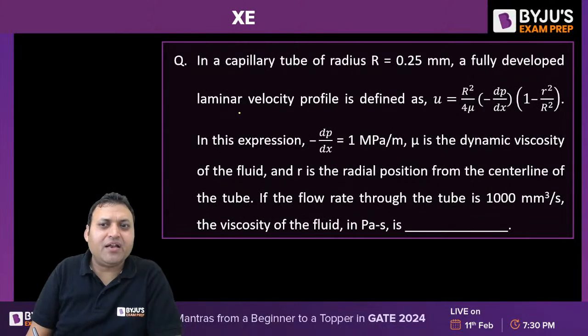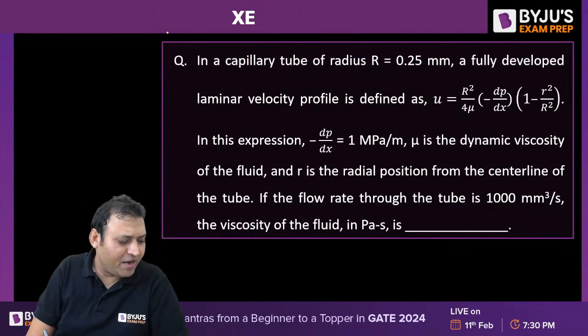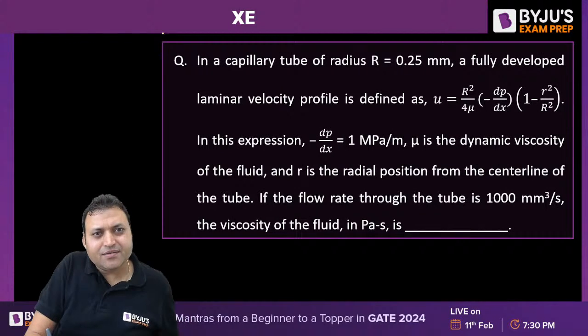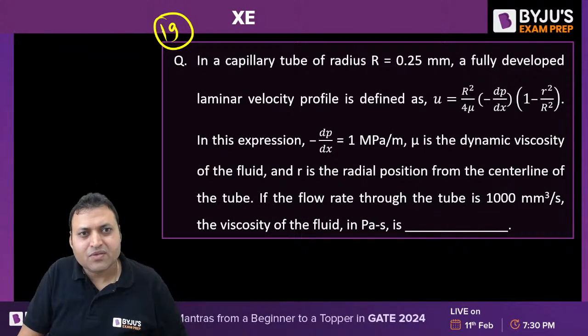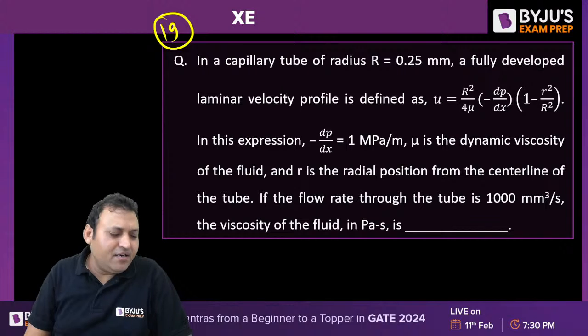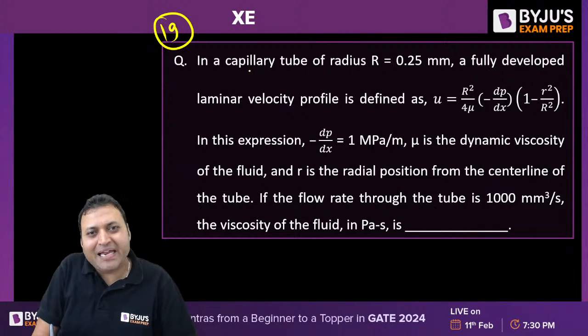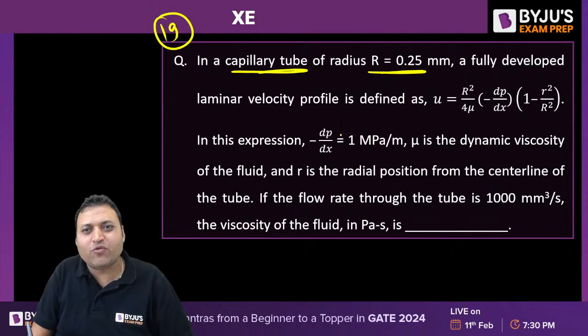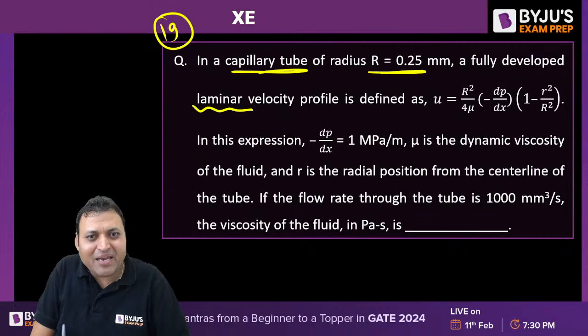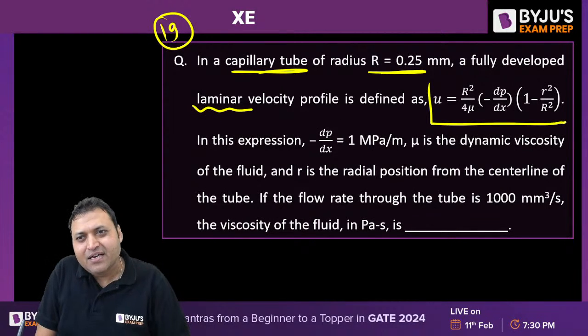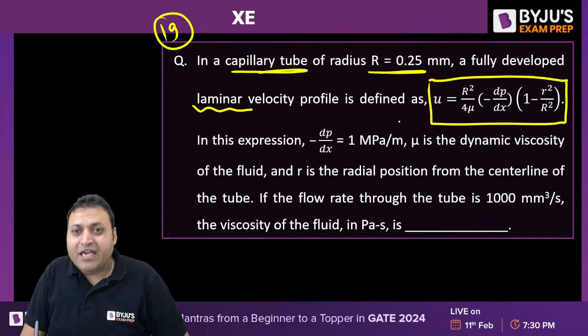The next question, question number 19. For laminar flow in a capillary tube of radius 0.25 mm, a fully developed laminar velocity profile is defined as this. They may not give you the velocity profile.